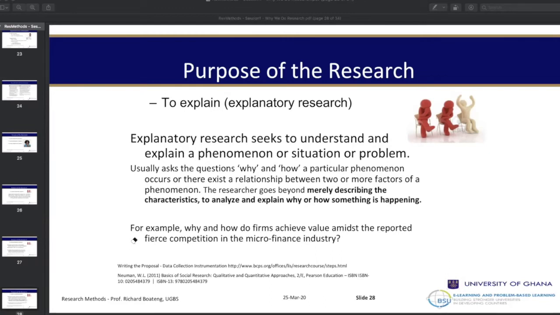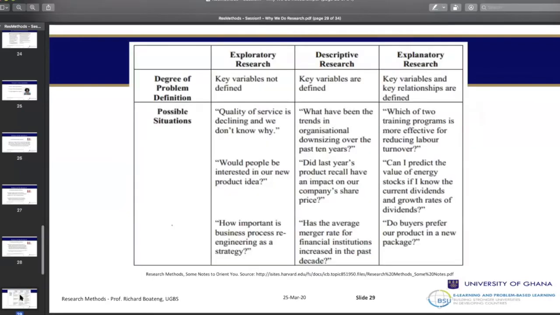So it's possible. But for you that are doing just about 6 weeks or 10 weeks or just 4 or 5 months spent on your long essay, usually you may choose only one type of study to do, either explanatory or exploratory, which most of you do, exploratory or even descriptive. Okay, so let's look at other examples of what descriptive and exploratory studies look like.